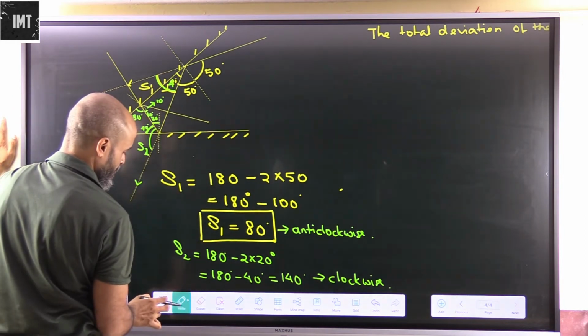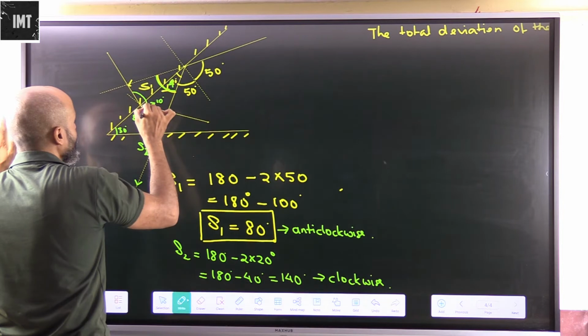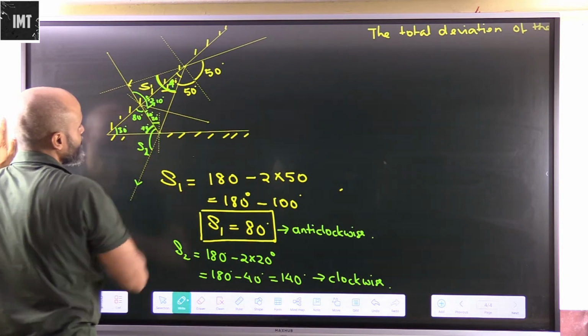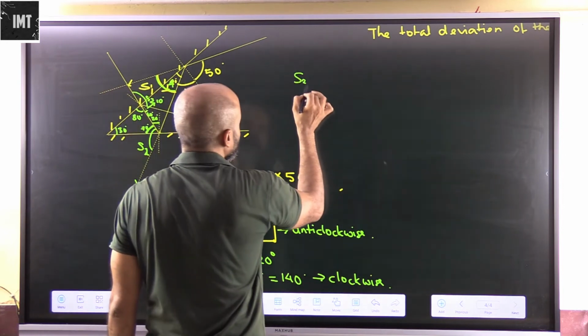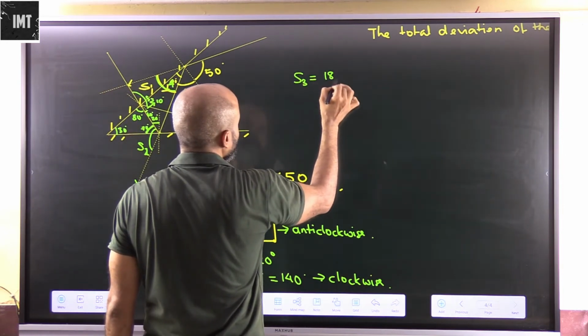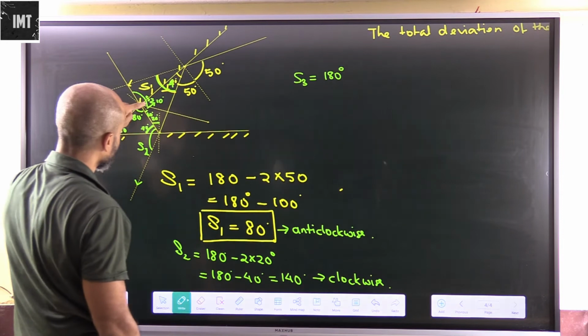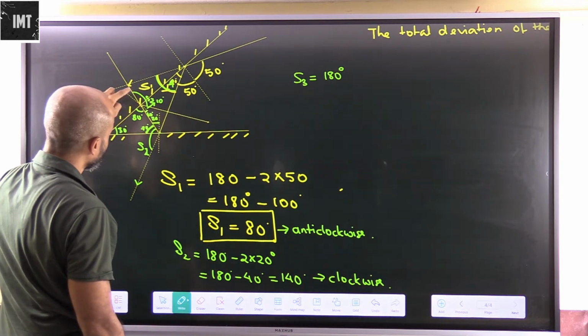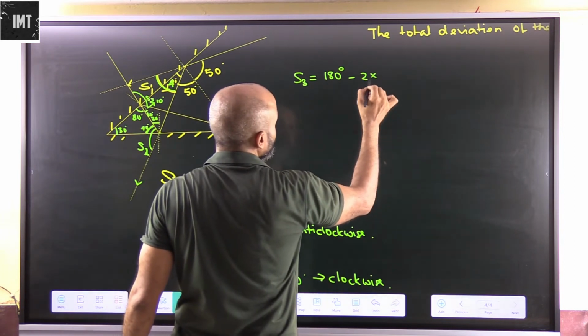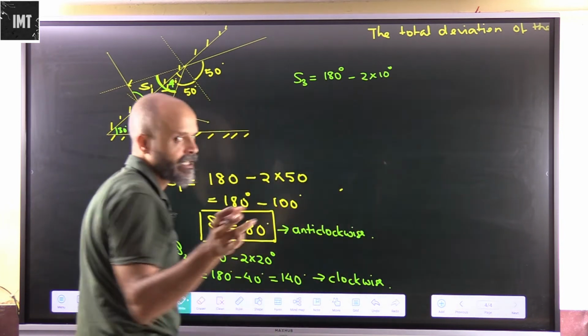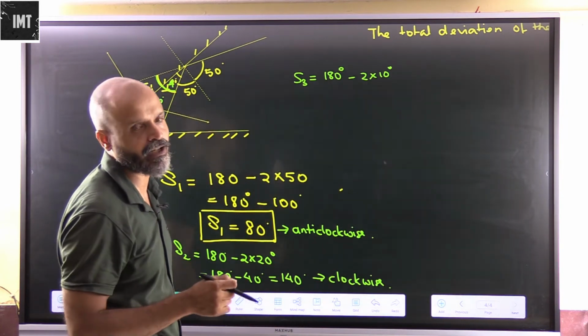So this will be our delta 3. What will be the value of delta 3? Delta 3 will be equal to 180 minus 2 into 10, 10 degrees for angle of incidence and 10 degrees for angle of reflection.